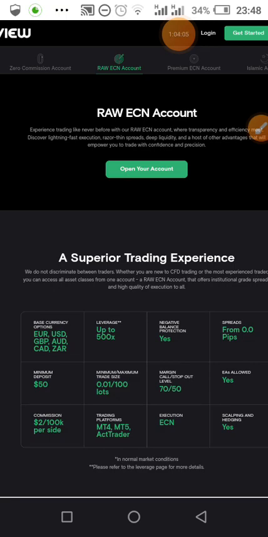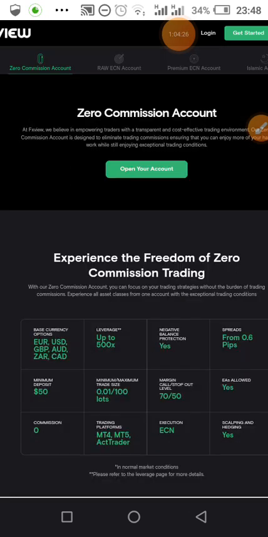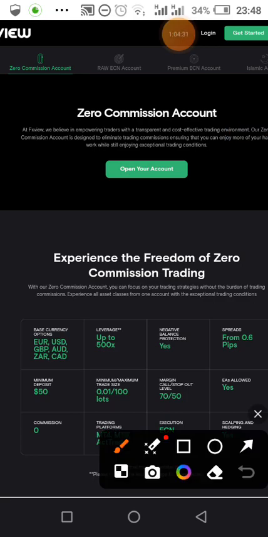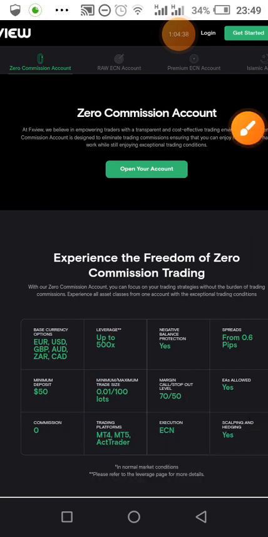So in total, it will be a $4 commission, because you can see it's written here $2 per 100,000 per side. One side means either opening the trade or closing the trade. And then if I come to zero commission accounts, which will be the spread accounts for people who won't like the labor of calculating commissions, you can see the commissions will be 0 and the spreads will be higher.